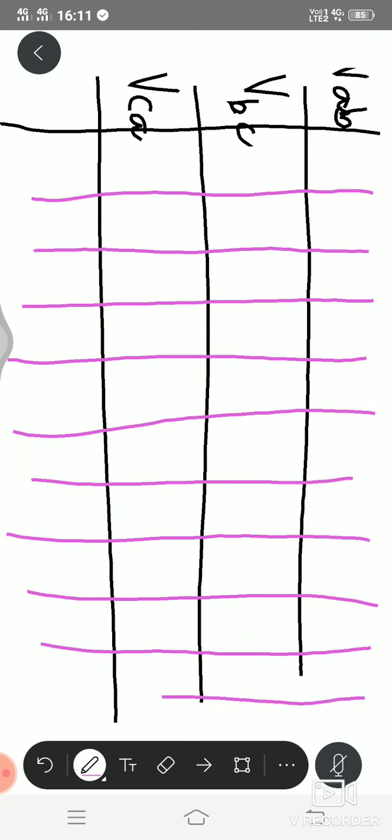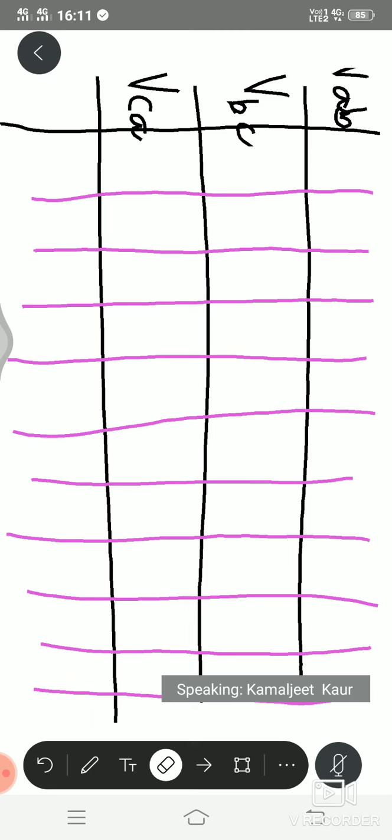This pink line shows steps. So VAB means VAN minus VBN. This is our first stage. For the first stage, look at the previous phase voltages. VAN was equal to Vs by 2 and VBN is equal to minus Vs by 2. So Vs by 2 minus of minus Vs by 2. That means 2 Vs by 2, that is Vs.